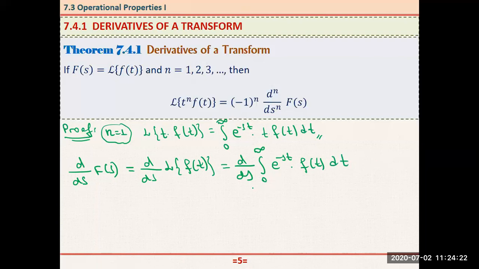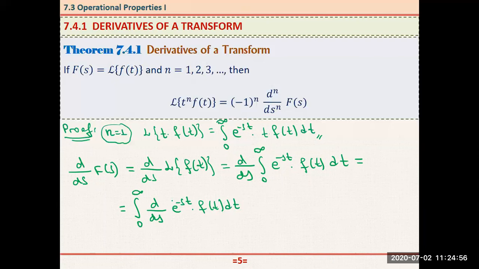Now, if you remember from calculus, this derivative and integral we can interchange. That means I can just bring this inside. So using the property of derivative and integral, I can write it as the integral from 0 to positive infinity of d ds of e to the power minus st times f of t dt. Here we have nothing to do with s, this is also nothing to do with s.